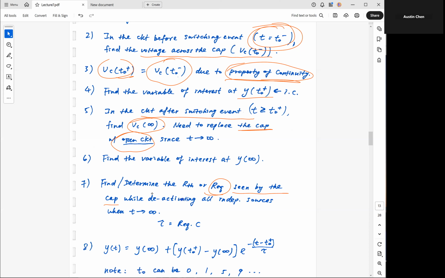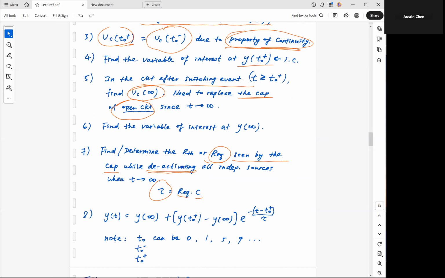The capacitor sees some equivalent resistance, and you take that resistance, multiply by the capacitance, and then you can find your tau. So tau is equal to the product of R times C, Req times C, the RC time constant. And don't forget, one critical step you need to remember is you need to deactivate all the sources so that you can find the Req.